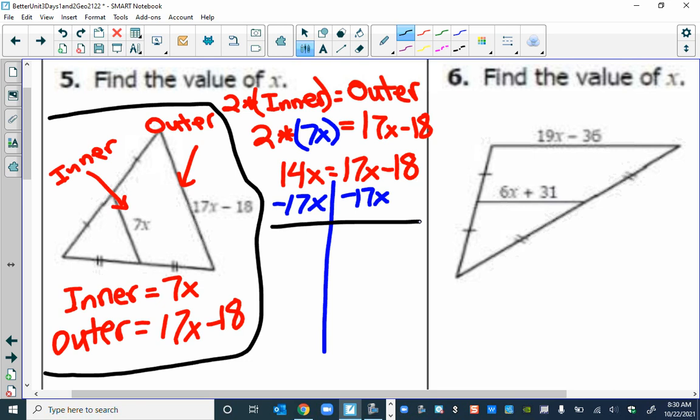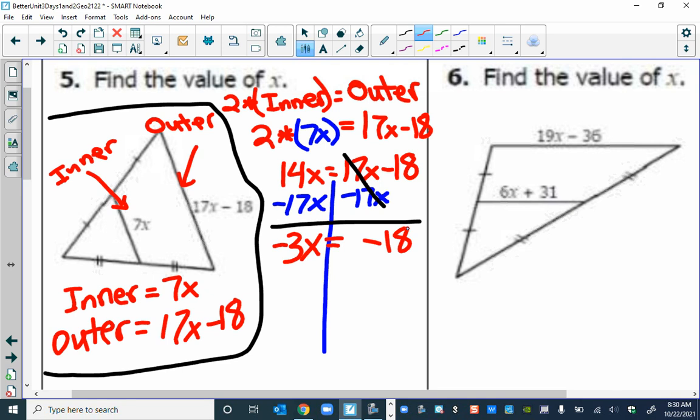And then we do our combine like terms. These guys go away. Well, what's 14 minus 17? You're going to have a negative 3. Negative 3 x. And that equals negative 18. Now, can we solve for x at this point? What you said earlier, Dennis.